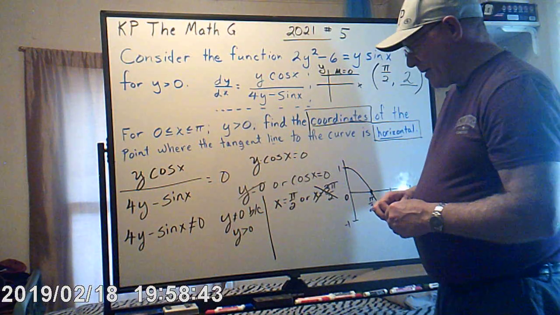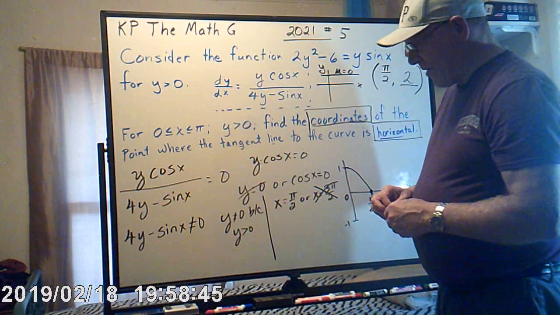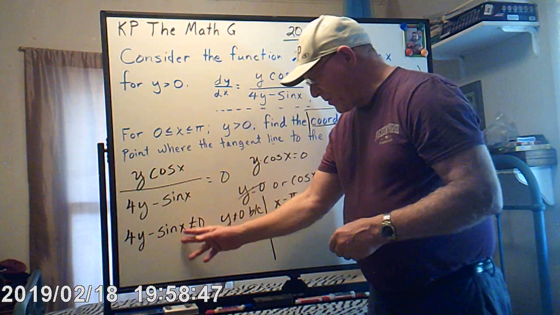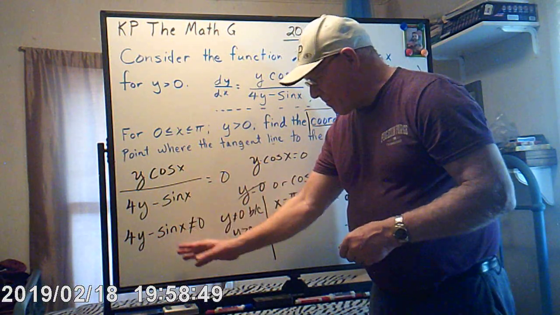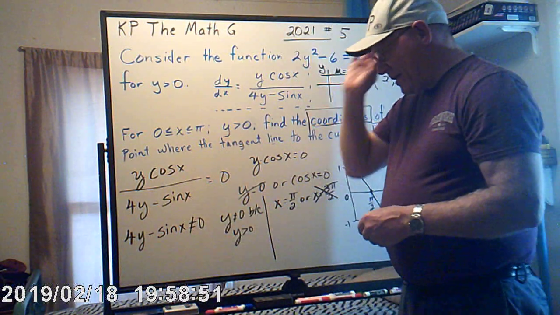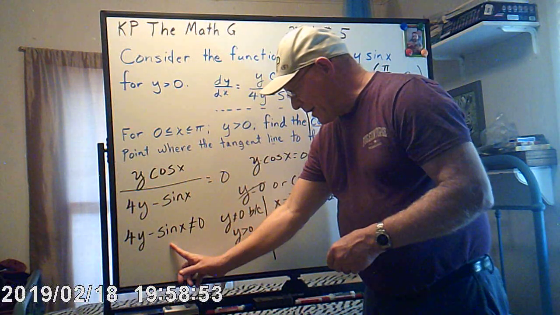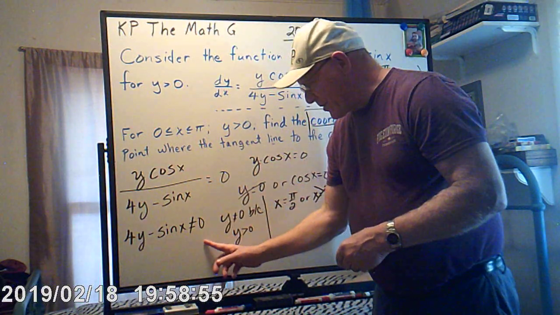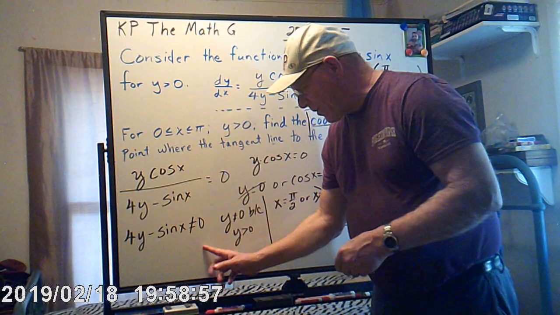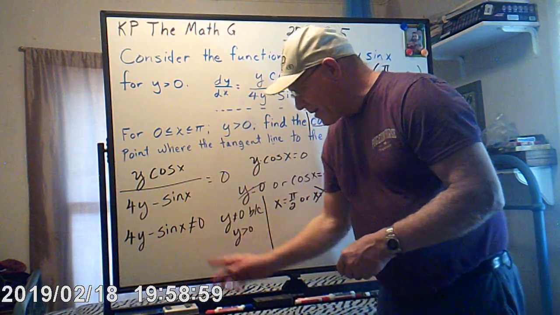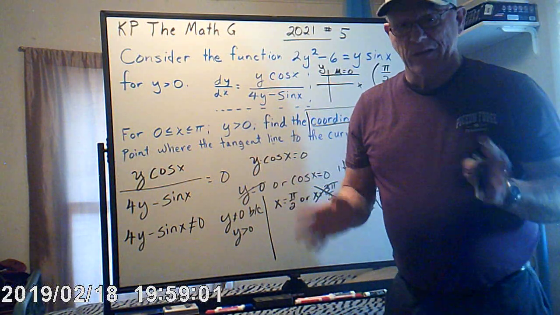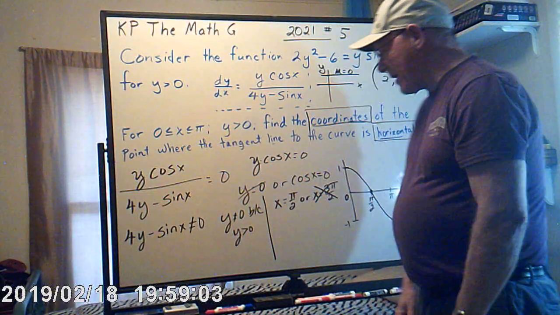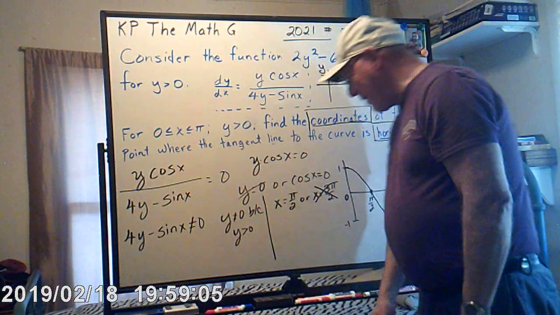Incidentally, if you were to plug pi over 2 in here, this would not be 0 because sine of pi over 2 is 1, 4y minus 1 is 0, y is equal to 1/4, so we know that that denominator is not equal to 0. That's another thing you might want to check, doing this mentally here.